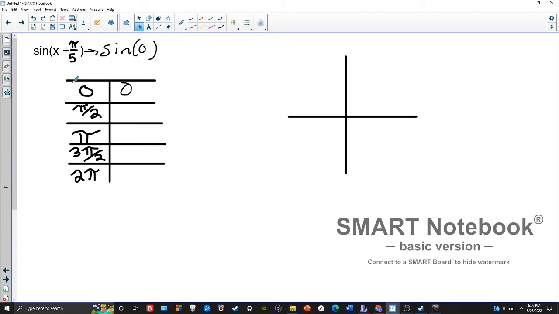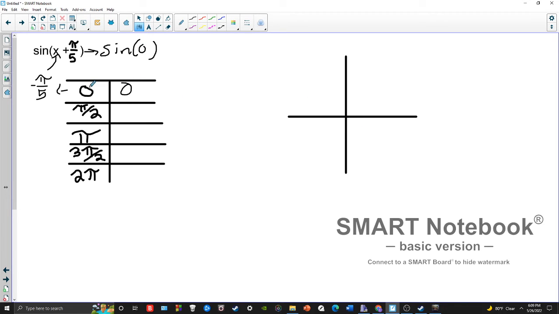Well, I do the opposite of what's been done to the theta. Since I'm adding pi over 5, I'm going to end up taking 0 and subtracting pi over 5, and 0 minus pi over 5 is just simply going to be negative pi over 5. Because, hopefully we can see here, if I plug a negative pi over 5 in for theta, well, negative pi over 5 plus pi over 5 is going to give me a 0, and I know that sine of 0 is once again 0.